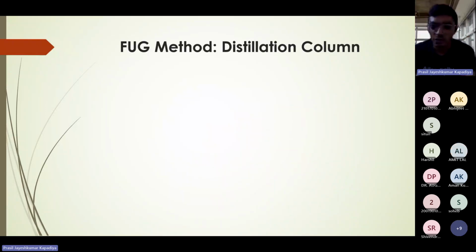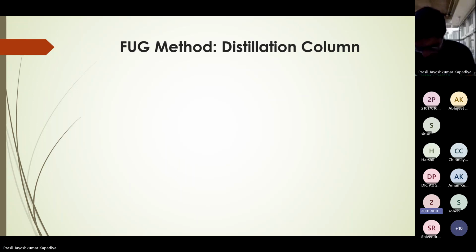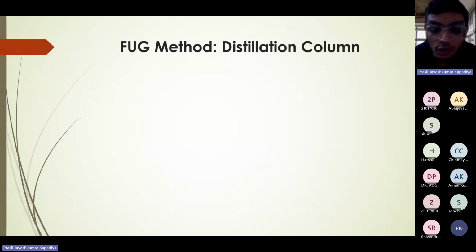Anyone else? Someone has used the Ponchon-Savarit method? Yes, sir. When the assumptions which are taken in the McCabe-Thiele method are not taken during the development of trays in the Ponchon-Savarit method, we use that method.